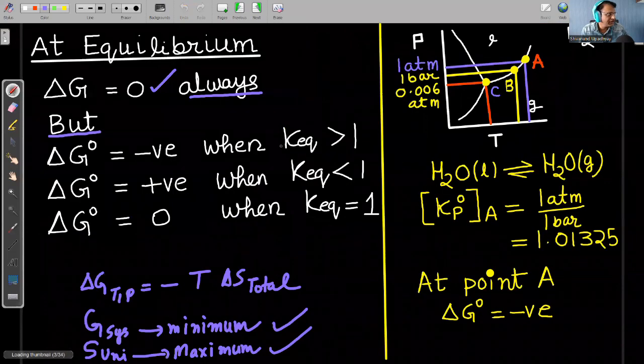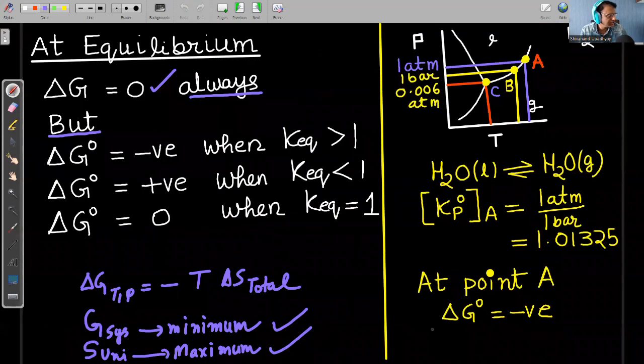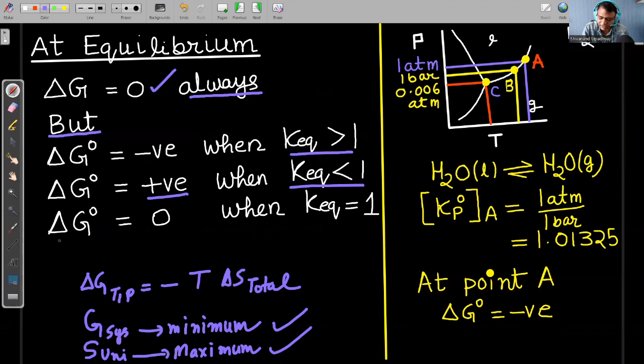So the value of delta G naught may be negative when equilibrium constant is greater than 1. From here, if equilibrium constant is greater than 1, ln K equilibrium will be positive, RT is positive, so delta G naught is negative. So based on this equation, we can say that delta G naught is negative when equilibrium constant is greater than 1, delta G naught is positive when equilibrium constant is less than 1, and delta G naught is equal to 0 when equilibrium constant is equal to 1.